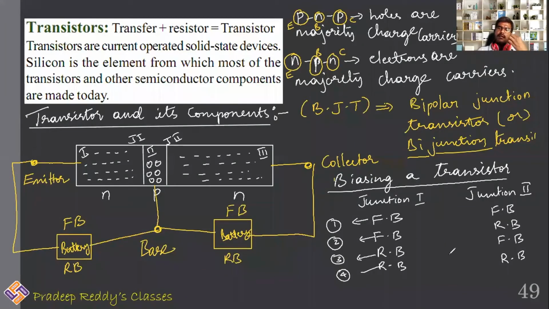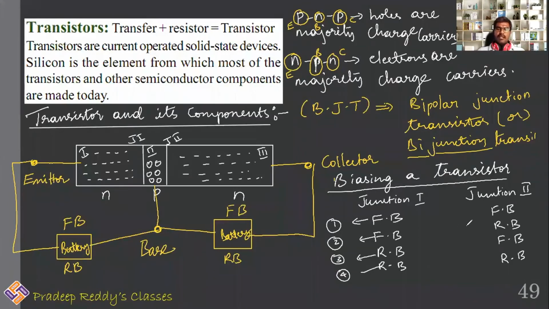It can be used as a switch, as an amplifier, as an attenuator, in buffer circuits, in amplifier circuits. Like that, there are many uses for a transistor. So that's the reason why it is said to be a versatile device.